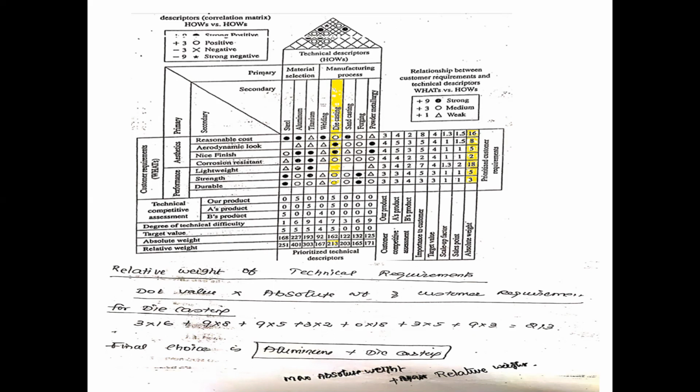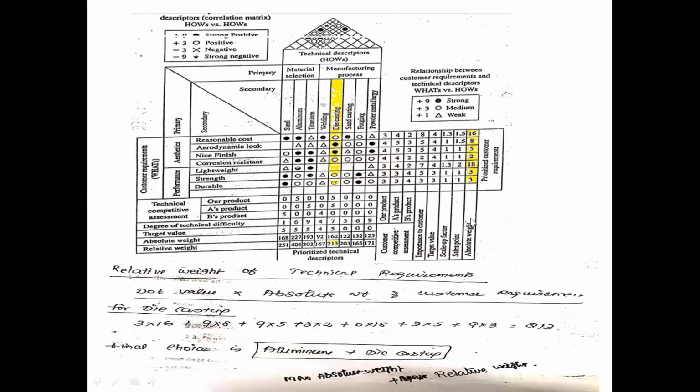Once again, I am repeating the procedure for the house of quality. First step, you have to say what is the customer requirement, how, what are the design developments you are having, the relationship between what and how, the relationship between how and how, customer prioritized descriptor, technical competitive, customer competition, customer requirement, technical competitive requirement, then prioritized customer requirement, then prioritized technical descriptor.